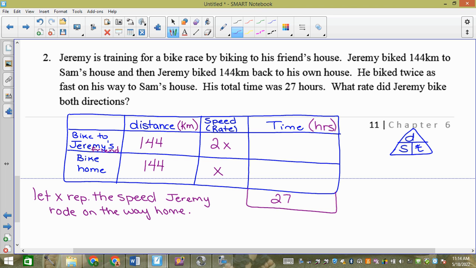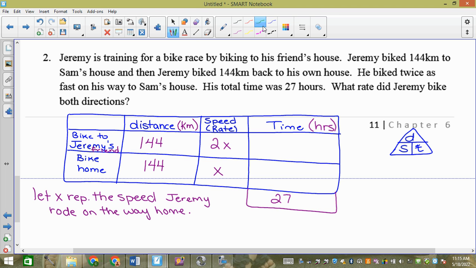So we have 2 boxes empty, which I told you we'll always have. How do we fill those 2 boxes? A lot of people will sit and stare and just not finish the question. That is not how we fill the 2 boxes. We don't sit and stare. We say, Mrs. Lepp told us how to fill the 2 boxes. We fill them with the triangle formula. So what is empty right now? Time, correct?